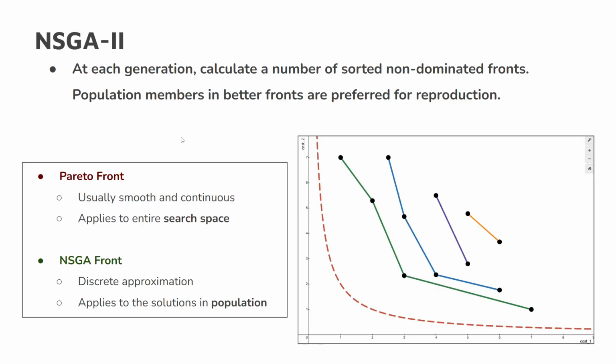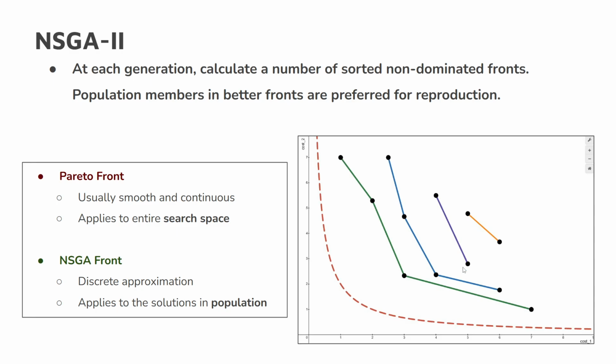So, what NSGA2 does is that, like a genetic algorithm, it has a population of solutions that evolve over generations. At each generation, it looks at the various population members and assigns them to different fronts, or non-dominated fronts, in a sorted fashion.